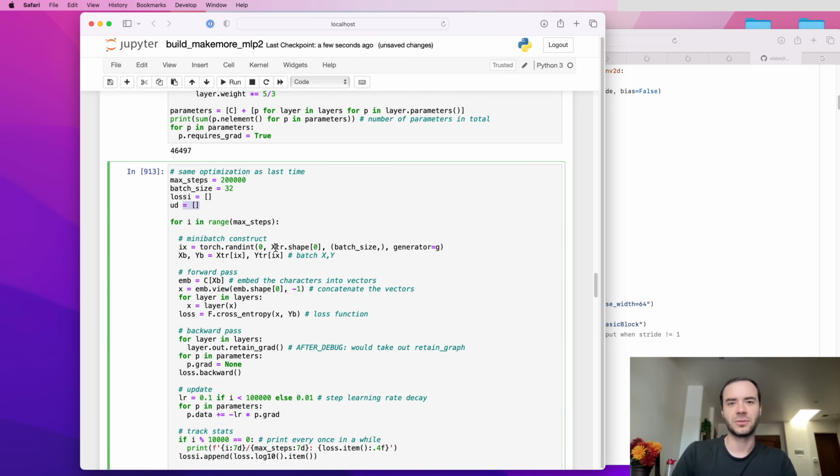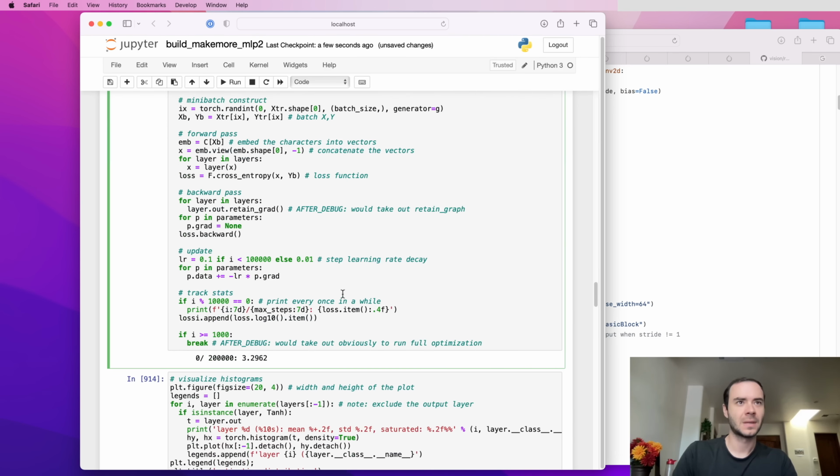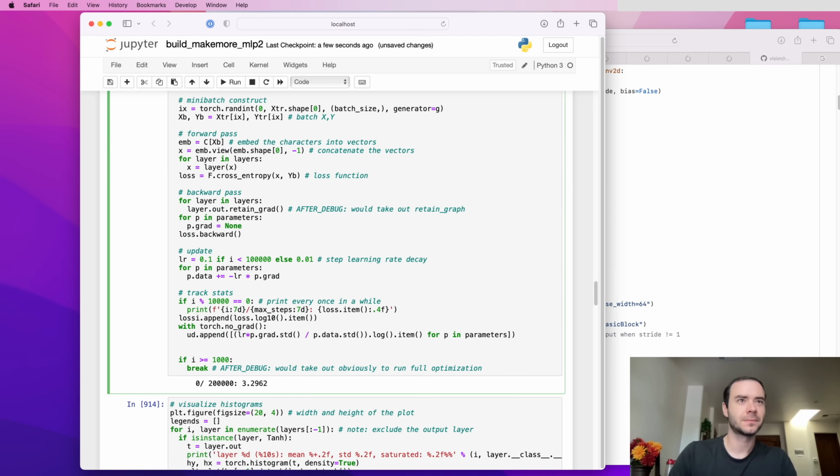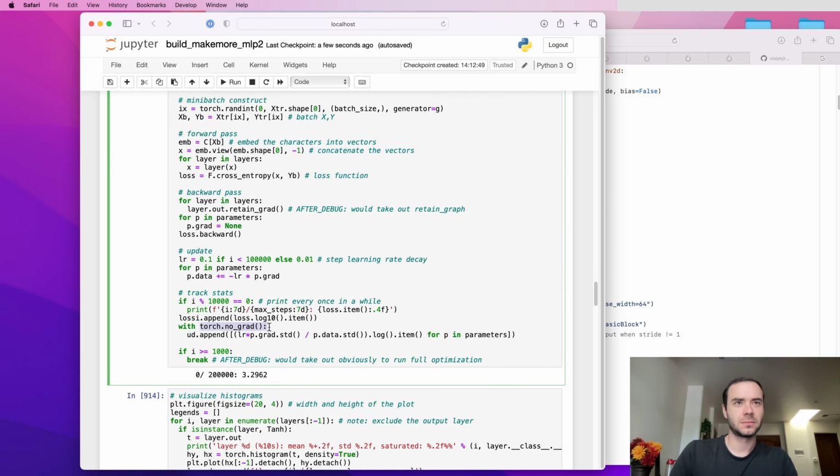It's going to be a list, and we're going to build it out every single iteration. And here I'd like to keep track of basically the ratio every single iteration. So without any gradients, I'm comparing the update, which is learning rate times the gradient.